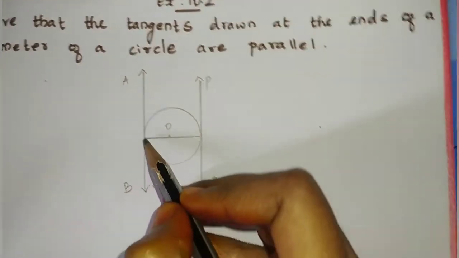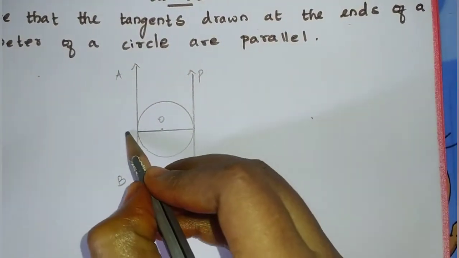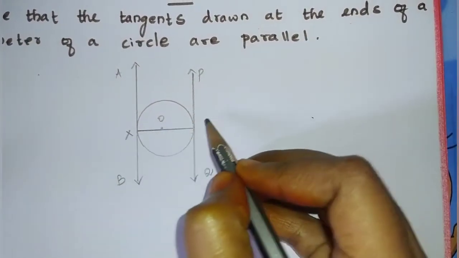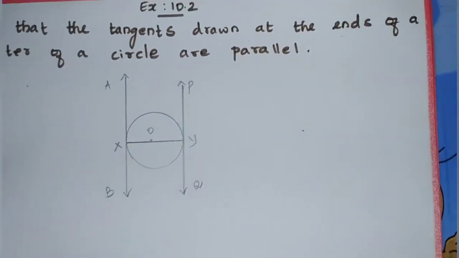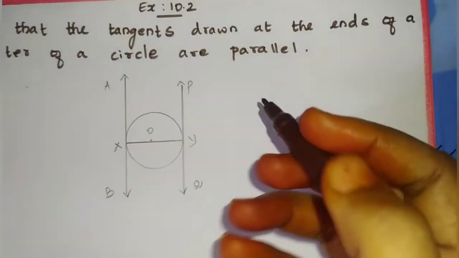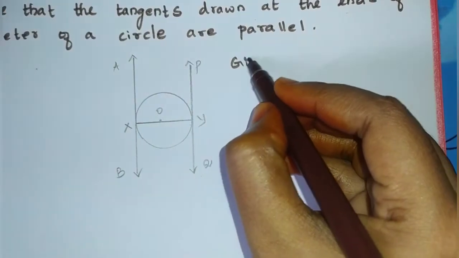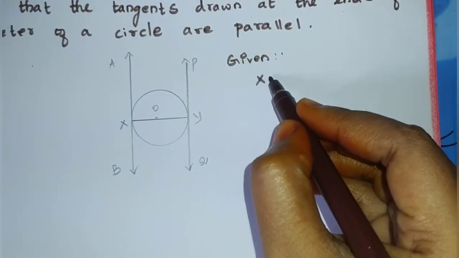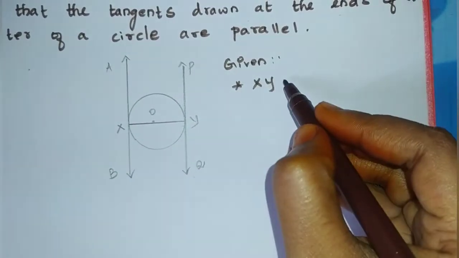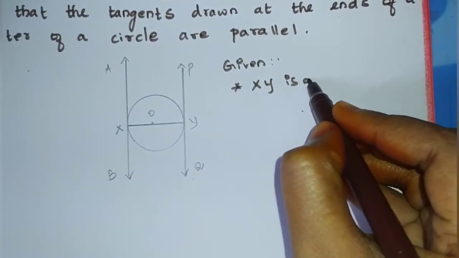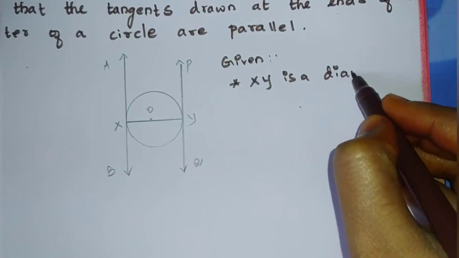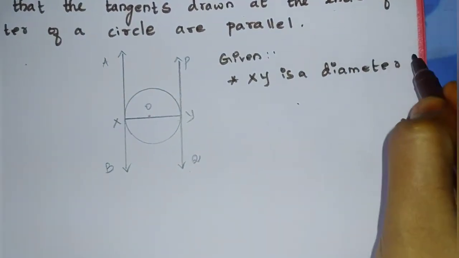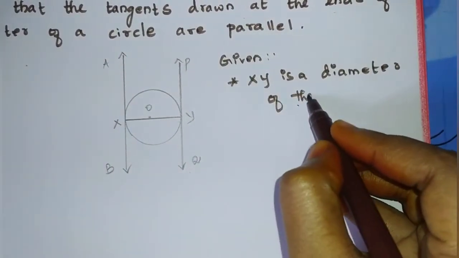So the diameter, I'm going to name this as X and Y. So given: first point, XY is a diameter of the circle.